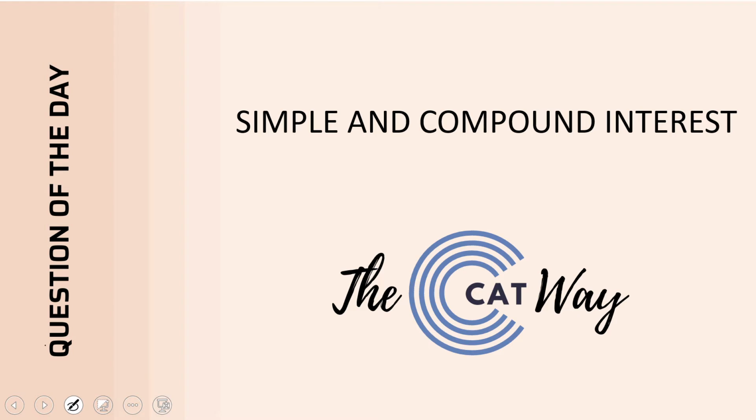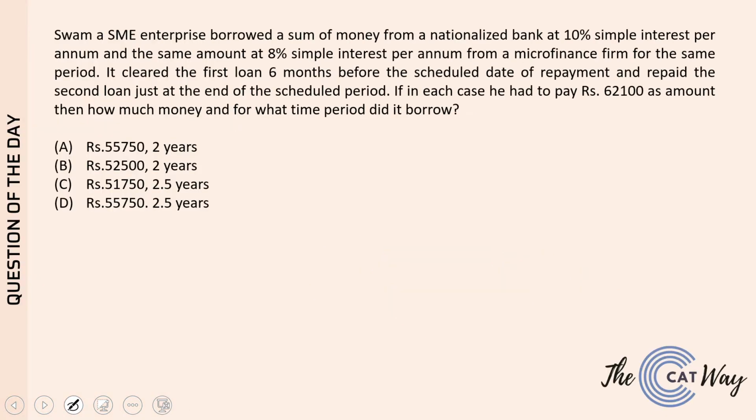So in this video, we are going to solve a question of the day, which is from simple and compound interest. So let's move ahead and check out the question. The question says that an SME enterprise borrowed a sum of money from a nationalized bank at 10% simple interest per annum and the same amount at 8% simple interest per annum from a microfinance firm for the same period.